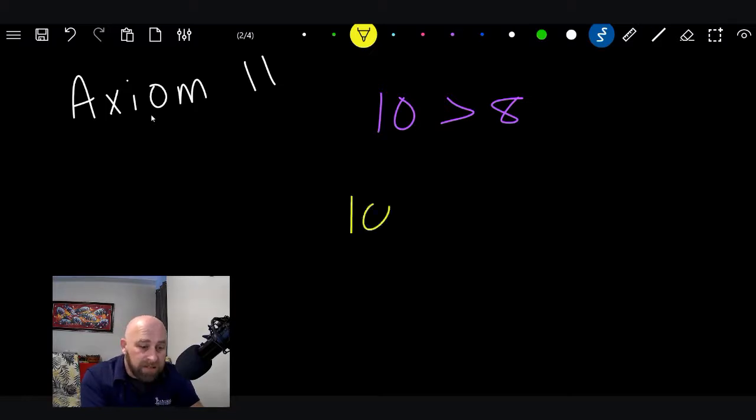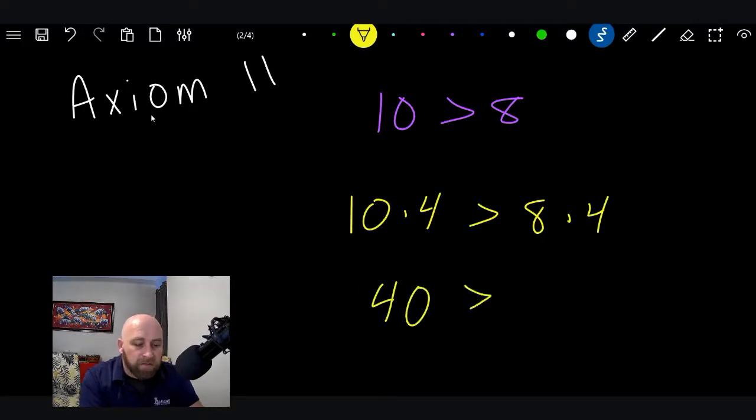So now let's say 10 times 4 is greater than 8 times 4, keeping the unequal sign the same, in the same order. 10 times 4 is 40, is greater than 8 times 4 is 32.